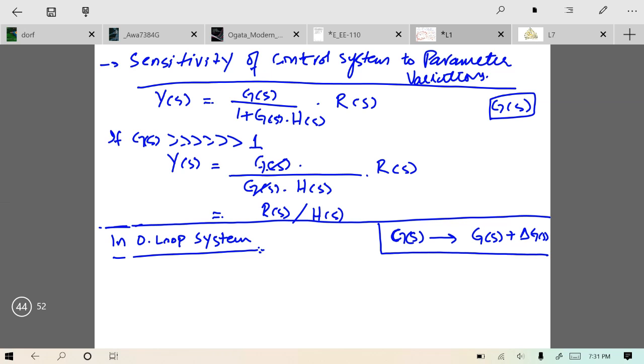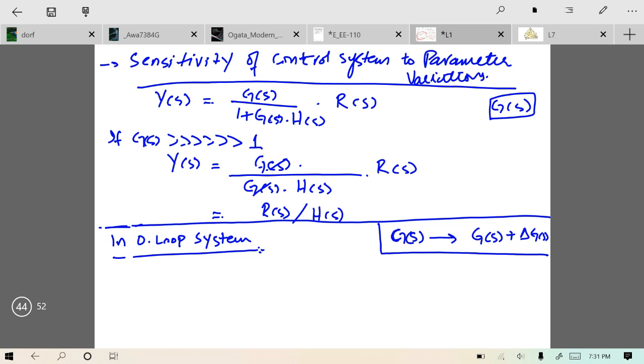Let's see how this change affects our open loop system and closed loop system. What have we done? We have introduced a small parameter variation in our G of s. We have changed our G of s to G of s plus delta G of s, and we want to see what this effect would do with the open loop system and closed loop systems.